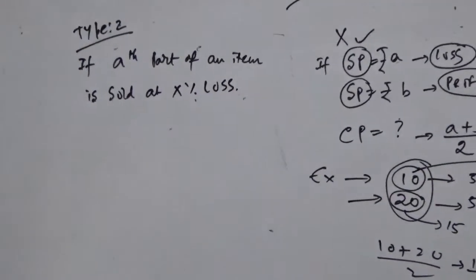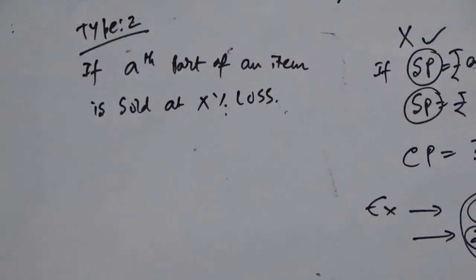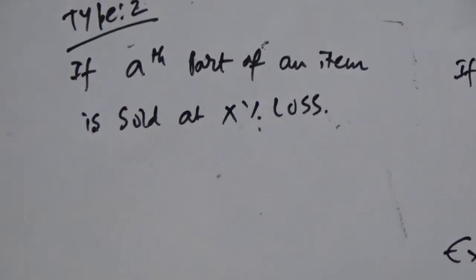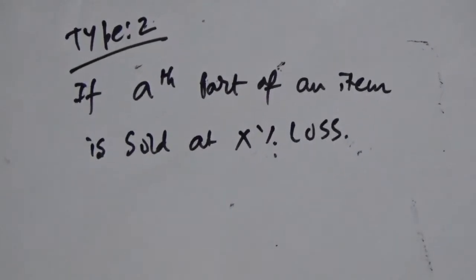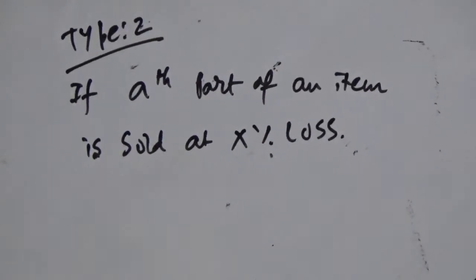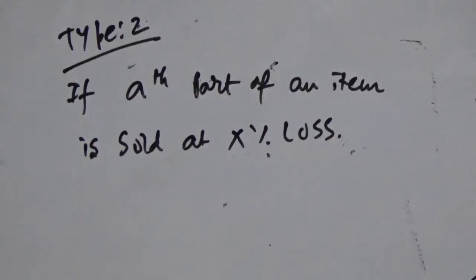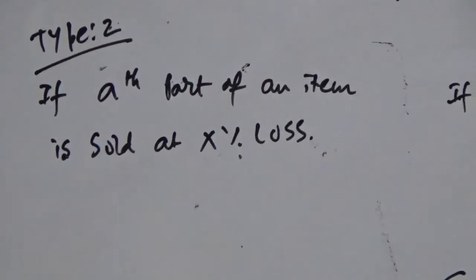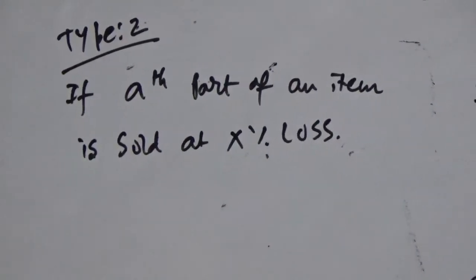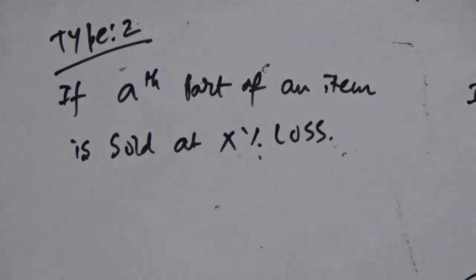Eighth part of an item, maybe 1/5, 2/5, 3/5, 5/6 part of an item is sold at X% loss, and then the required gain percent is for selling the rest of the item in order that there is neither gain nor loss.